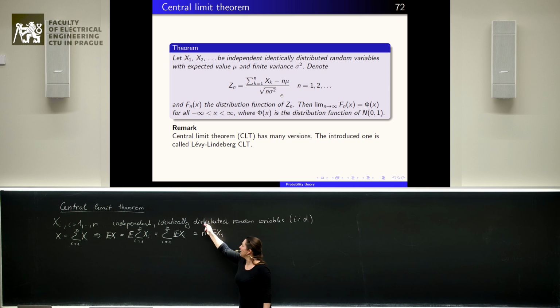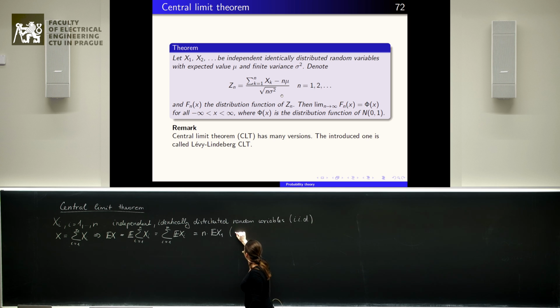And because they are identically distributed, they have the same distribution, the same expected value, the same variance, the same everything. So X2 has the same expected value as X1, X3 has the same expected value as X1, and so on. All these random variables have the same expected value, which is equal to the expected value of the first one.